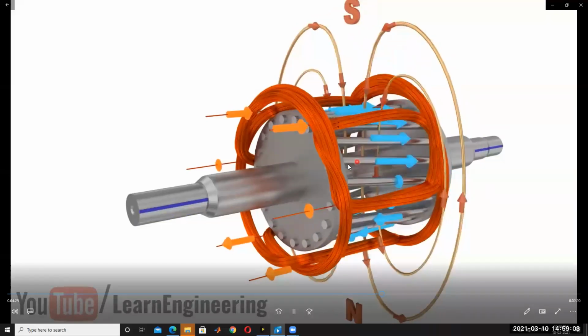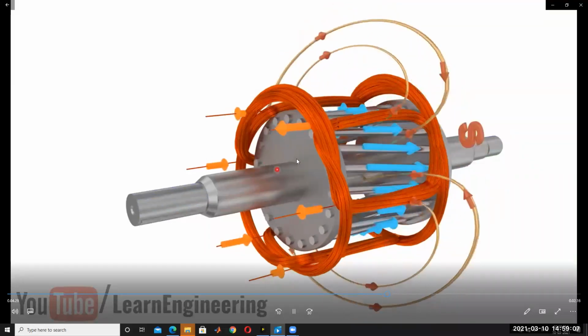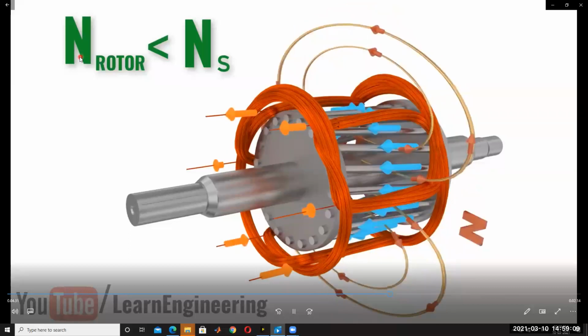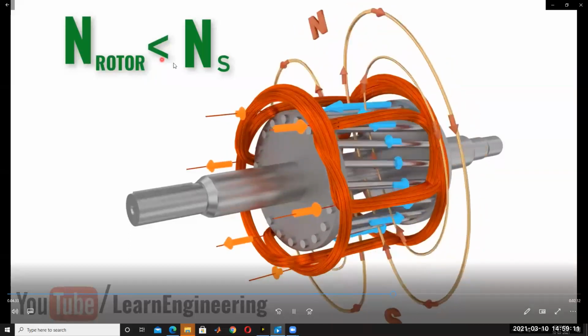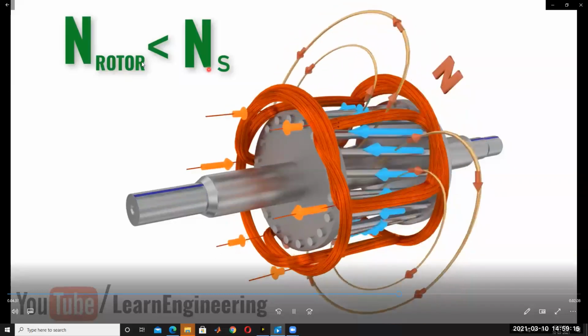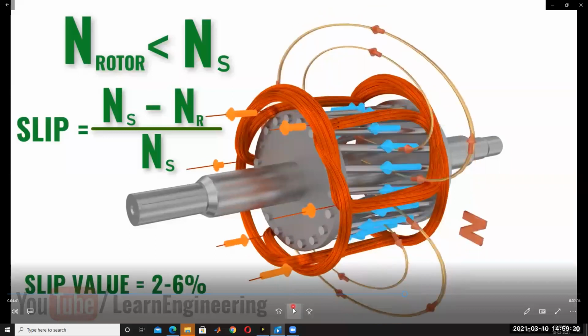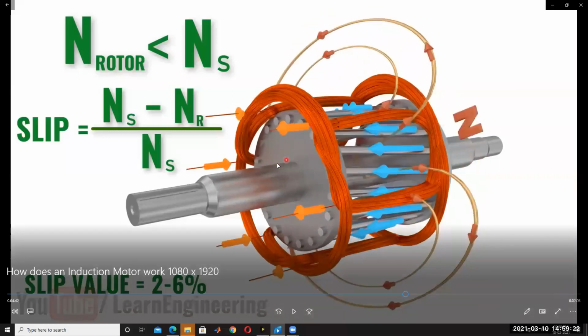Because of that, torque is developed and the rotor tries to rotate in this direction. The rotor speed must be less than the synchronous speed. Then only the rotor rotates.